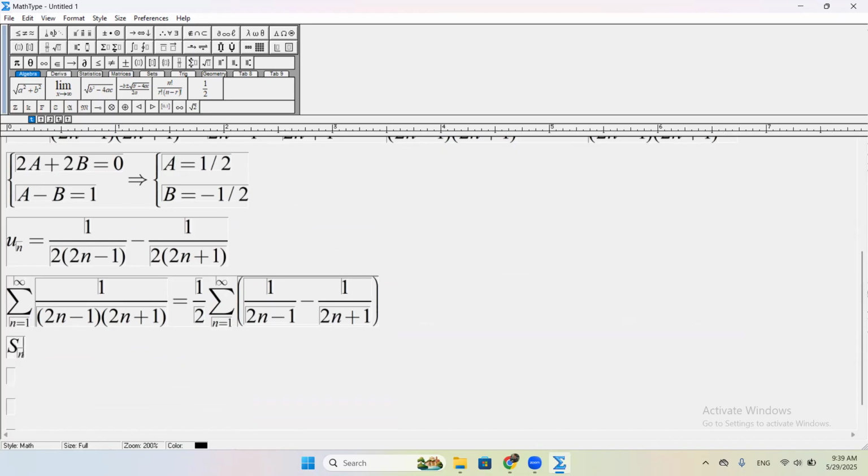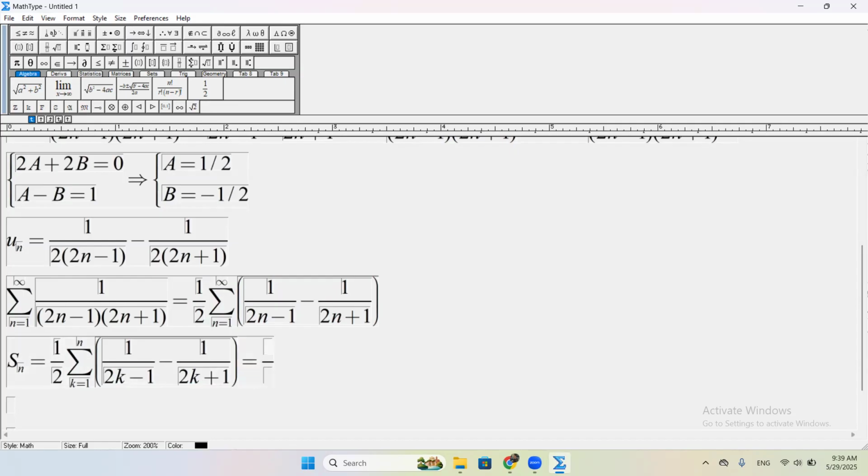So it looks like this. The sum of the first n terms, k starting from 1 to n, and here 1 over k minus 1 to k plus 1. So now we will find this partial sum.